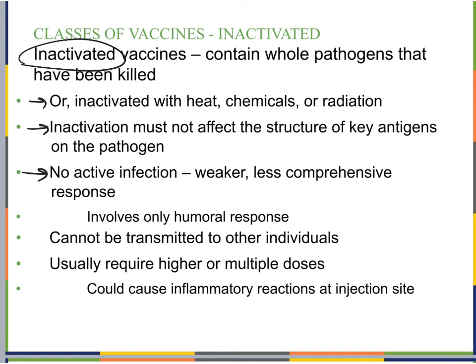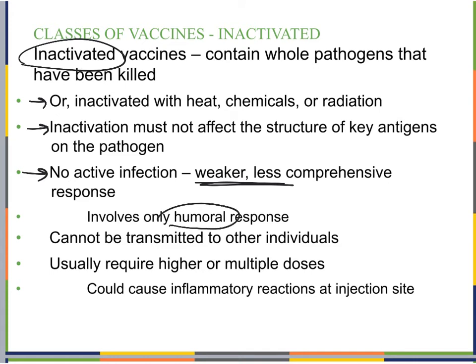In this case, we don't have an active infection, so we get a weaker and less comprehensive response. Instead of the body saying, oh my goodness, we've got a pathogen in here, we need to do a full-on immune system response, all the B cells, all the T cells, all the antibodies, we need to fight this thing off and then have all those memory cells in response to that, we get a weaker response, because it's not going to get inside of our cells.